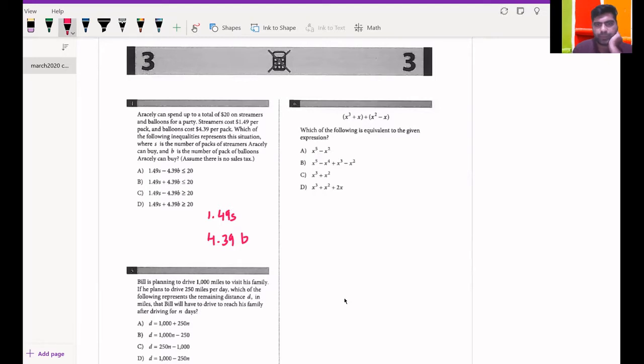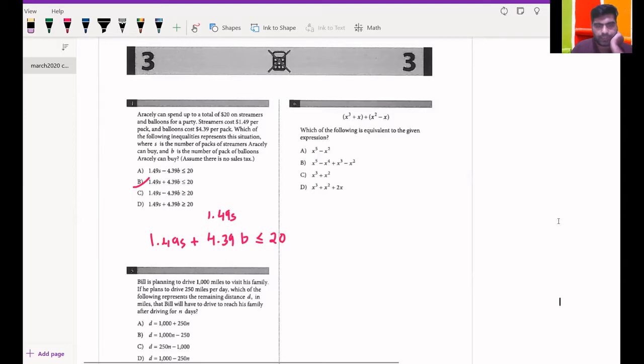And she can spend only up to a total of $20. So together they must be at most 20, so less than or equal to 20, which is option B.